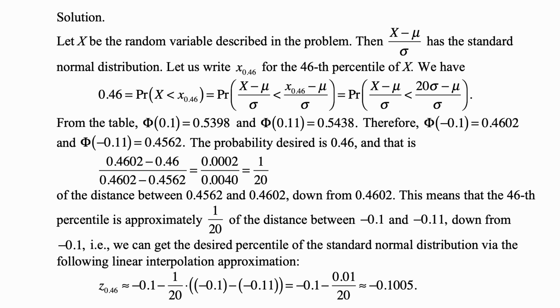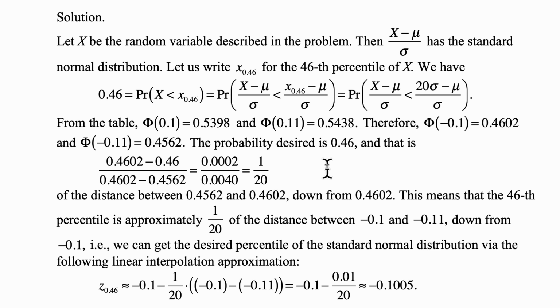The probability that we want is 0.46, and that is a certain fraction of the distance between 0.4562 and 0.4602, and I calculate the fraction of that distance here. That's (0.4602 minus 0.46) divided by (0.4602 minus 0.4562). That turns out to be 1 over 20.